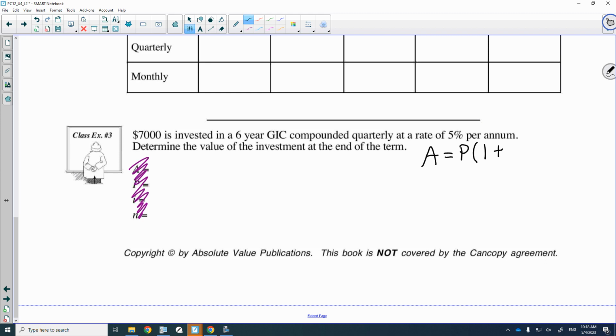Earning interest is always going to be a growth. It's the rate. So are we getting 5%, 6%, 7% per year? N is your number of compounding periods. N times T.